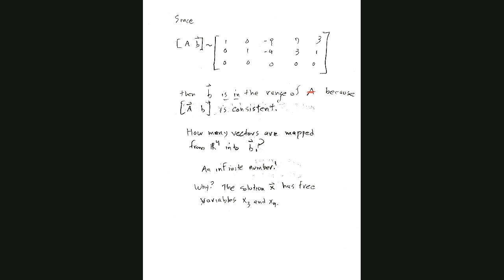B is in the range because the system is consistent. Oh, you're right, there should be no arrow over A. The arrow should be over B. Good catch, Binyam.